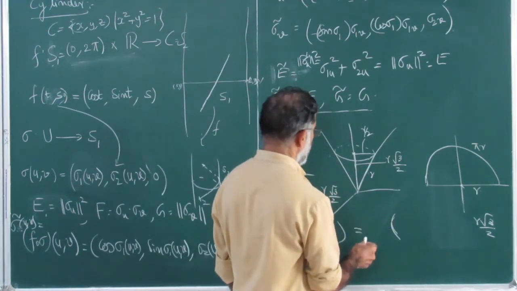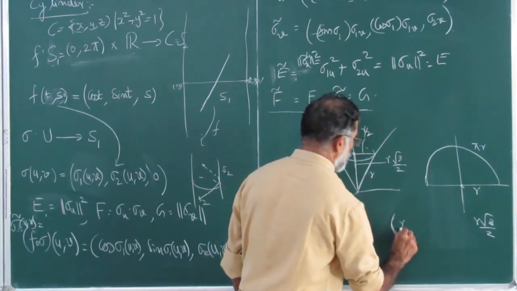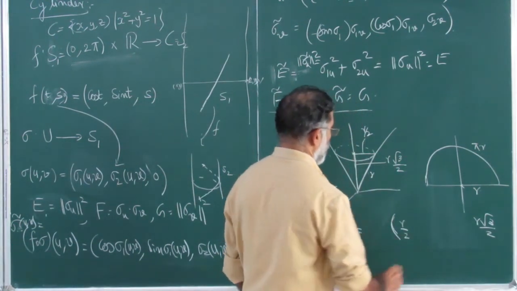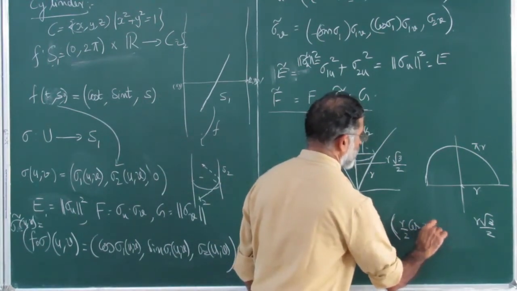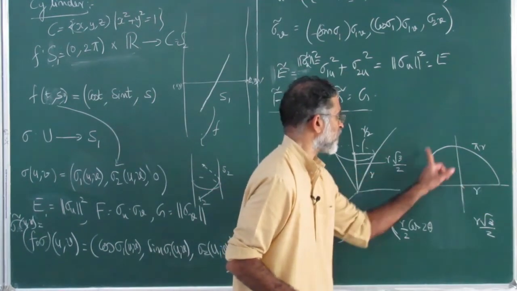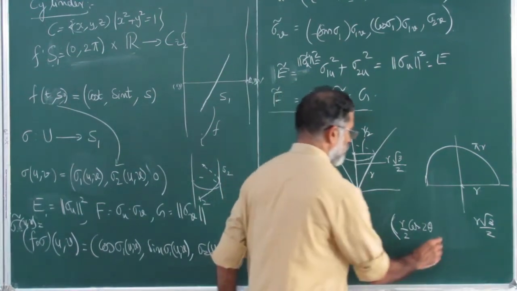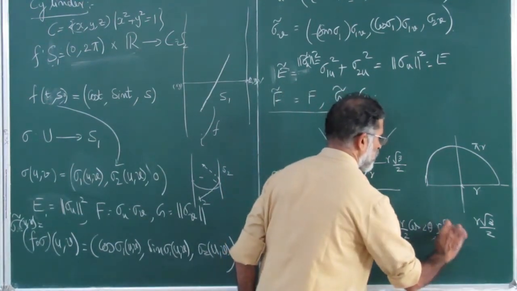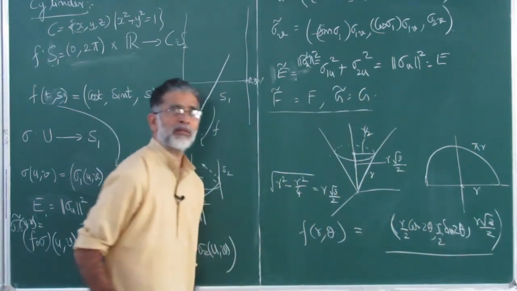So your radius is r by 2, cosine 2 theta, right? So that when your theta goes from 0 to pi, here it will go a full circle. So 2 theta, and r by 2 sine 2 theta. Check all these and see whether it works.